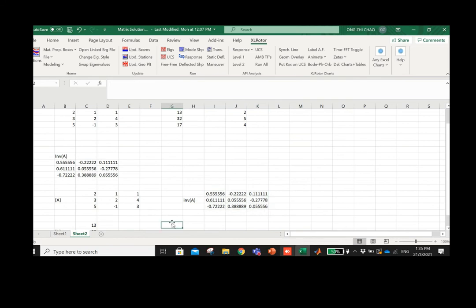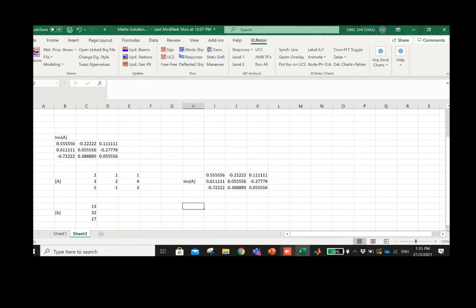Then I need to find my x. My x is the inverse of my A multiplied with my B. So it's matrix multiplication, equals to M multiplied, which is this function. You need two arrays, two matrices.